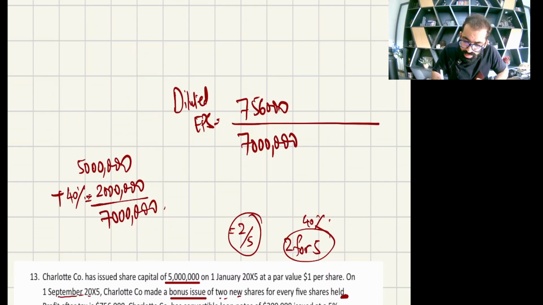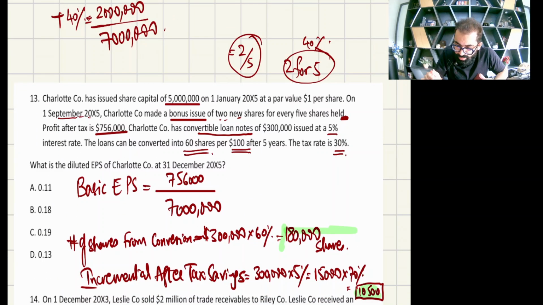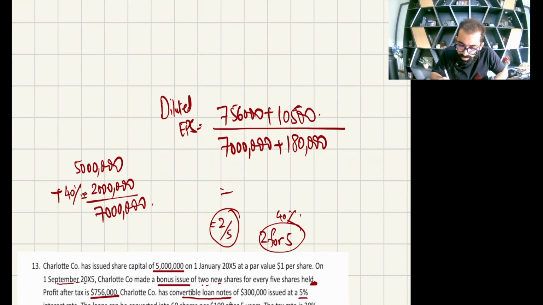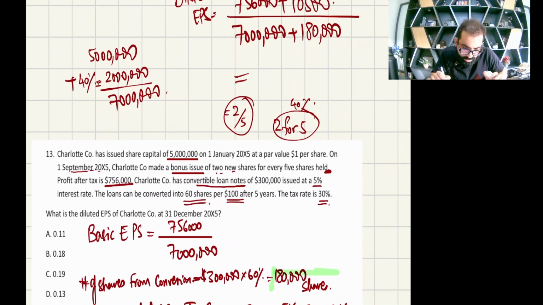Now plus, in the denominator you will have 180,000 more shares, and in the numerator there will be a profit of 10,500. So can you calculate the diluted EPS?